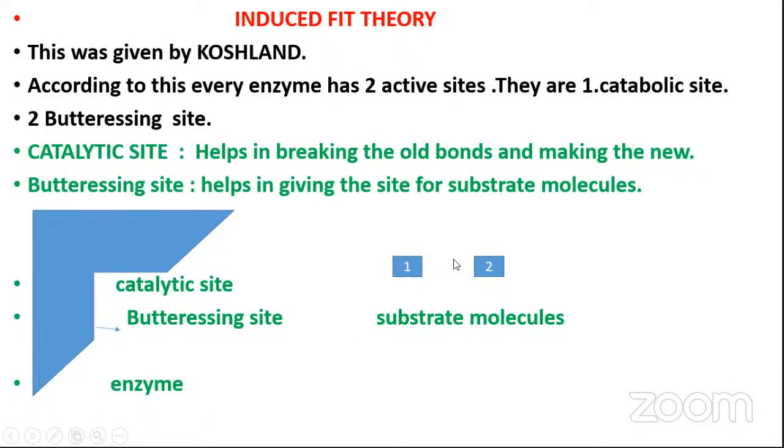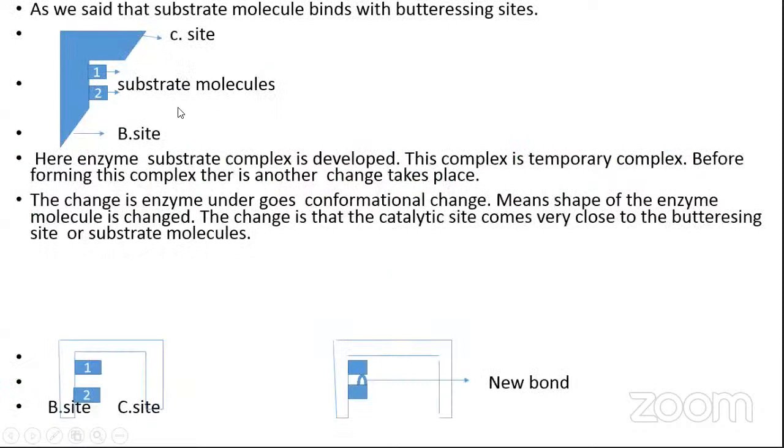And substrate molecules may participate as per their requirement. That means more than two or three molecules can take part in this reaction. Here we are showing one or two substrate molecules, and these substrate molecules come and sit on the buttressing site.